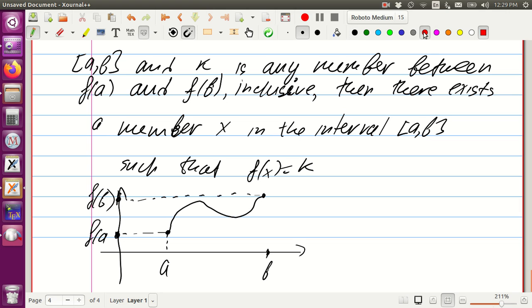So if you choose any number in between, let's say k, this theorem says there is at least one number such that f of x will be equal to k. In our particular case, we have a few numbers, a number here and a number here, but the theorem guarantees that there is at least one of them.